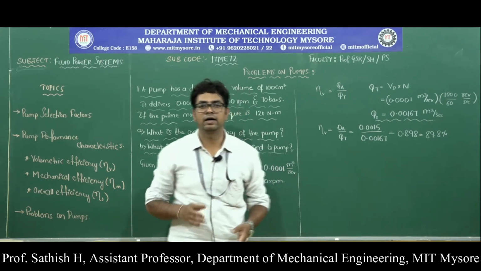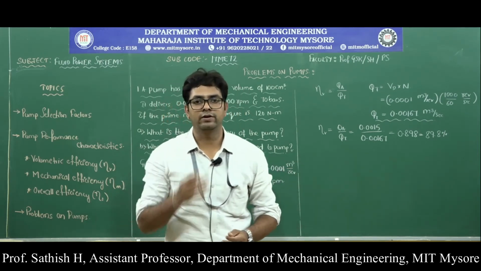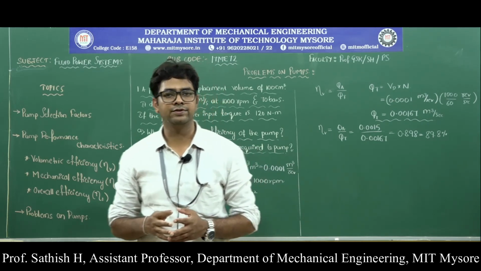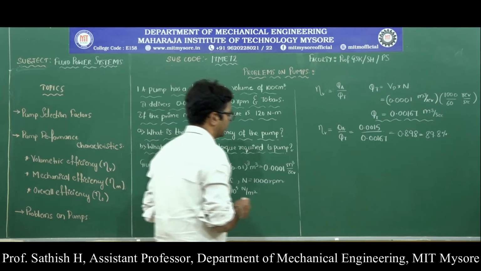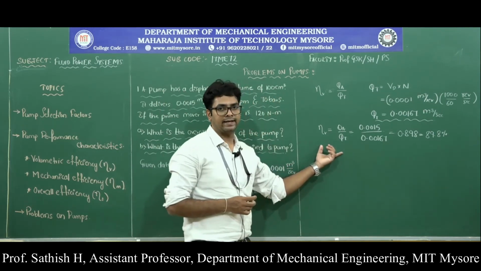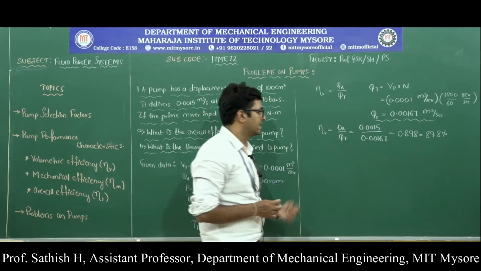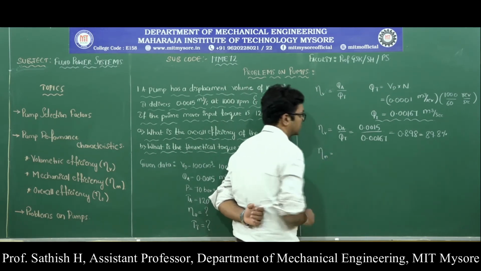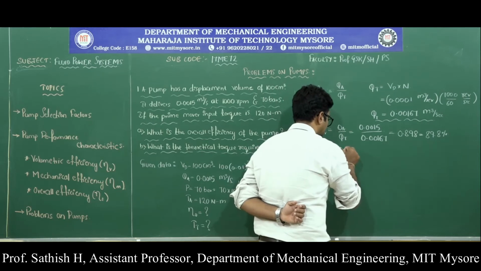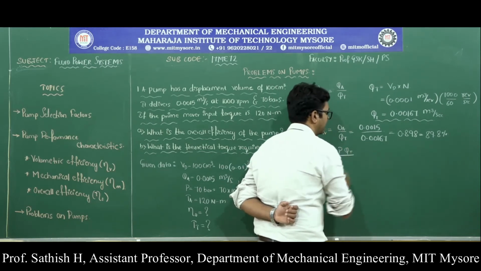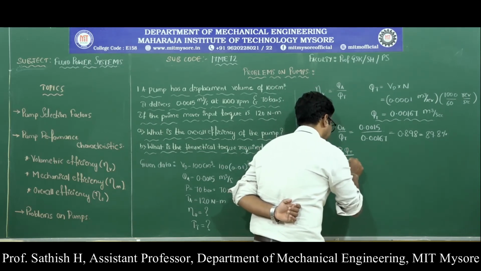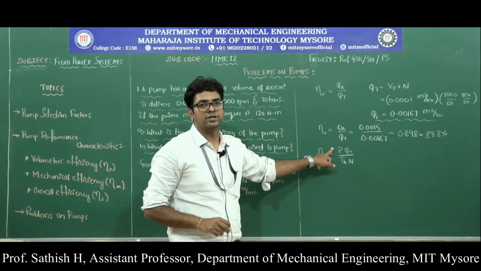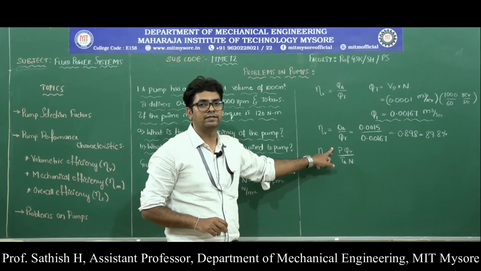To find the overall efficiency, we know it is the multiplication of the volumetric efficiency and the mechanical efficiency. We have found the volumetric efficiency. Next, we find the mechanical efficiency, which is given by P times QT divided by TA into N. Here P is the pressure in newtons per meter square.